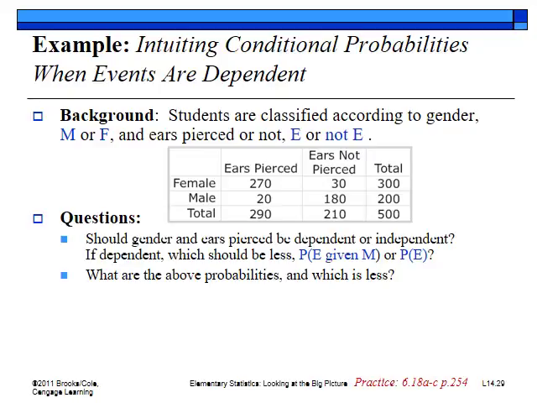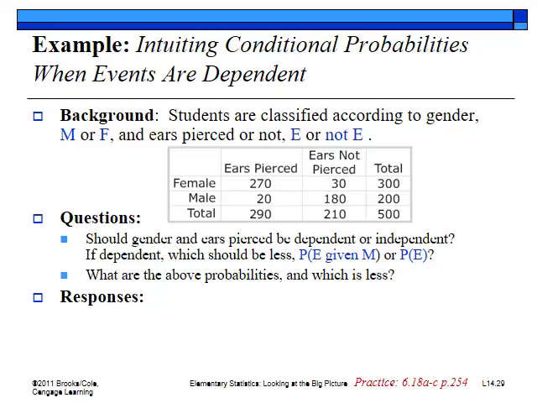And what are those probabilities? Which one is smaller? If there's no relationship between gender and ear piercings, that is, if these are independent, then the proportion of females with ears pierced should be the same as the proportion of males with ears pierced.